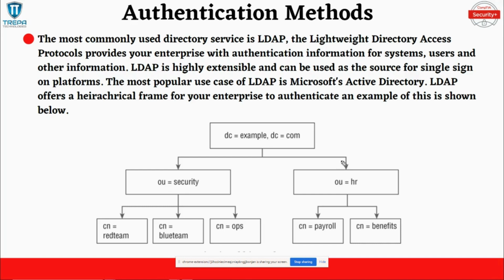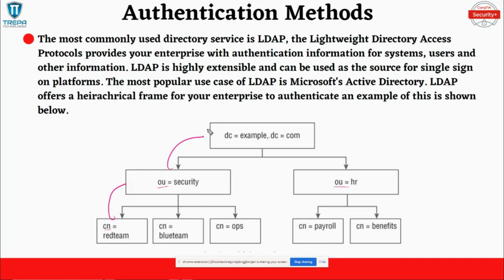So let's just take a look at this. This is like an Active Directory domain. We have our domain controller, or a DC, and that's example.com. And then you have different organizational units. And then you have canonical names in those OUs, or the objects in Active Directory. And you can see that this is a hierarchically designed service or authentication method.